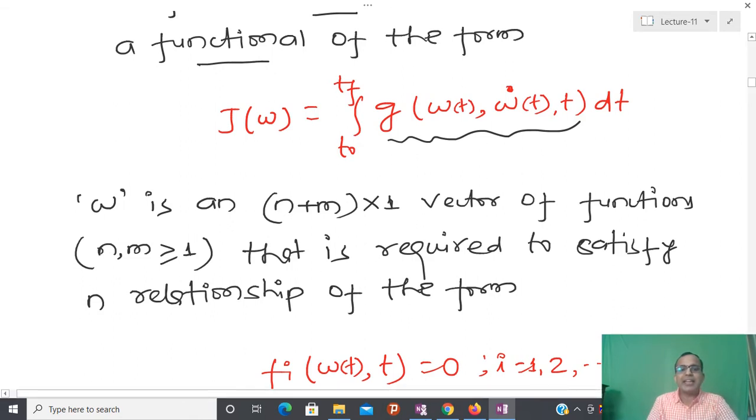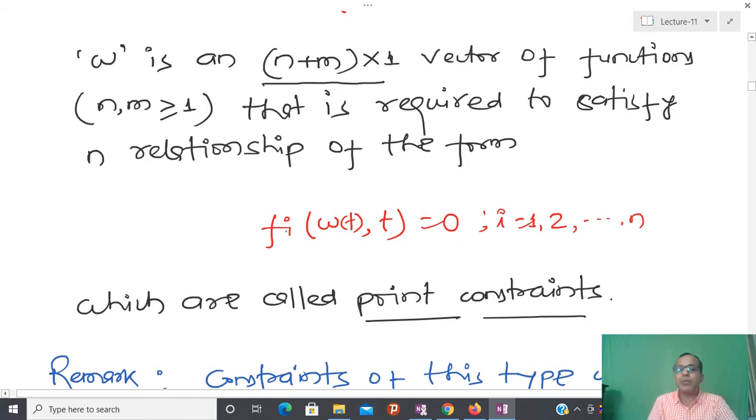Here you can see that I am assuming omega is some kind of vector which contains this many functions. Out of these n plus m, I have constraints, and the constraint is represented in this form: f_i of omega and t equal to 0. This might be a linear or non-linear function, and t might be present explicitly, implicitly, or not present at all.